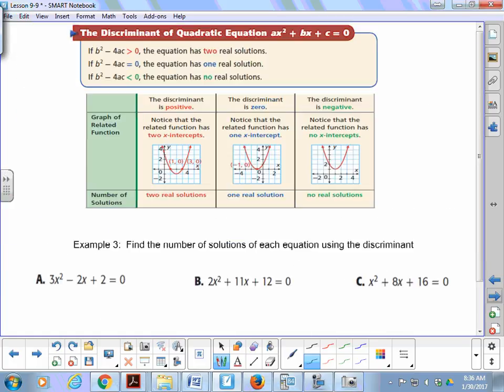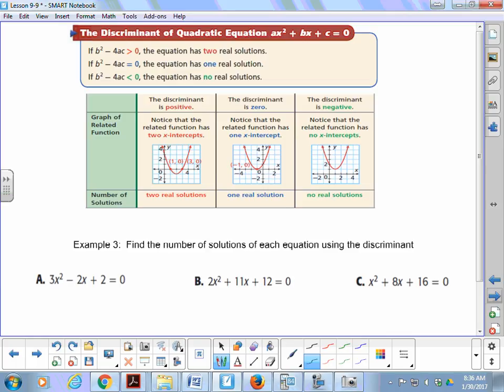It's formalized right here in this table. So it says, here we've got just what we wrote down. b squared minus 4ac is greater than 0, you have 2 real solutions. If it's equal to 0, we have 1 real solution. And if it's less than 0, we have no real solutions.